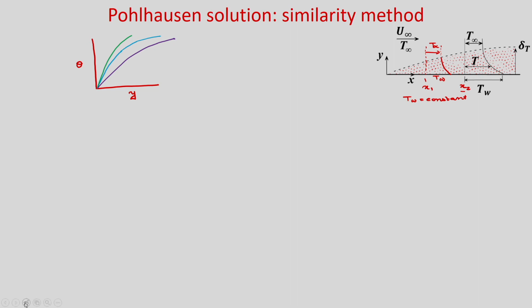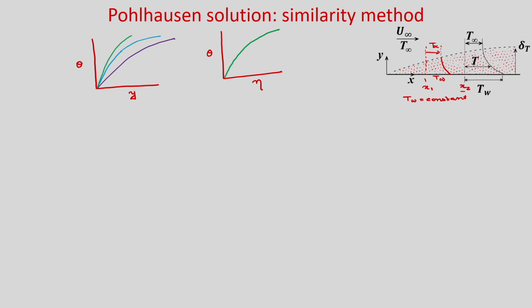Now, if you use the similarity variable and plot theta versus eta, then all the temperature profiles will fall on the same curve.